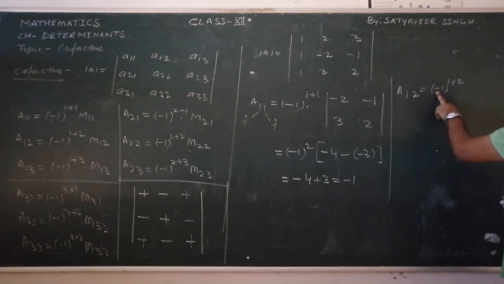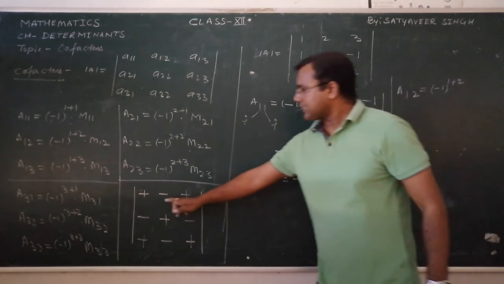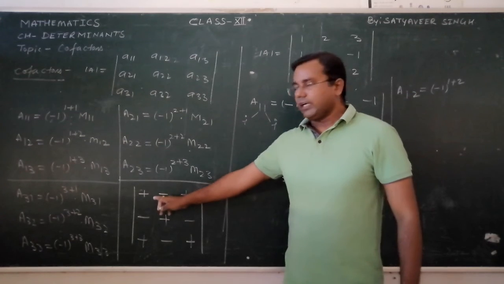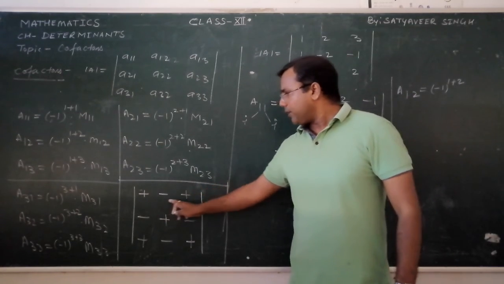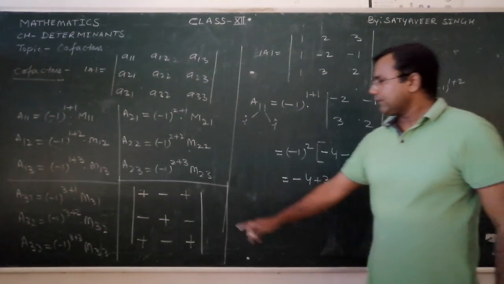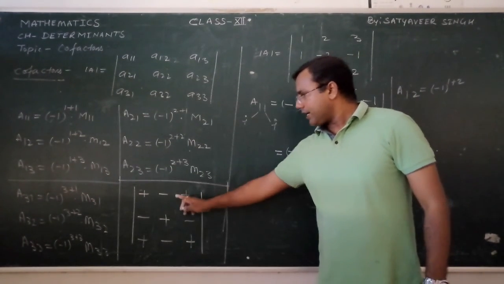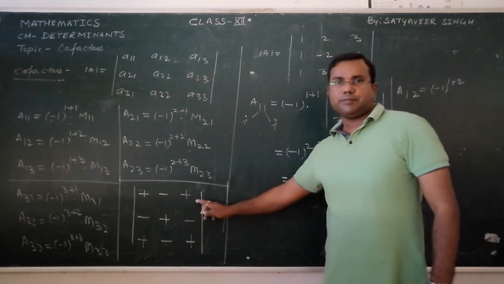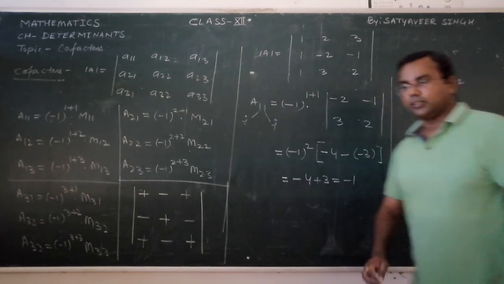So this value of the minor you will have to multiply by minus 1. That is why I have prepared this table. Whatever the value of the minor comes, if you multiply it by minus 1, it becomes the cofactor. Similarly here, whatever the value of the minor comes, you multiply by plus 1, it becomes the cofactor.